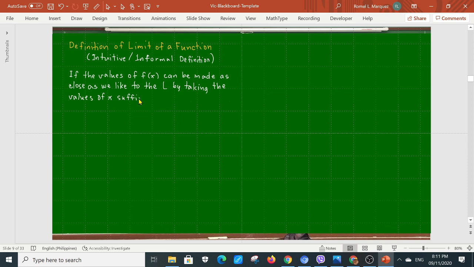The problem in the intuitive definition is: how close? How do we say that the number is really close? That's why later we need to define what sufficiently close means, because we cannot really measure how close the numbers are to a.